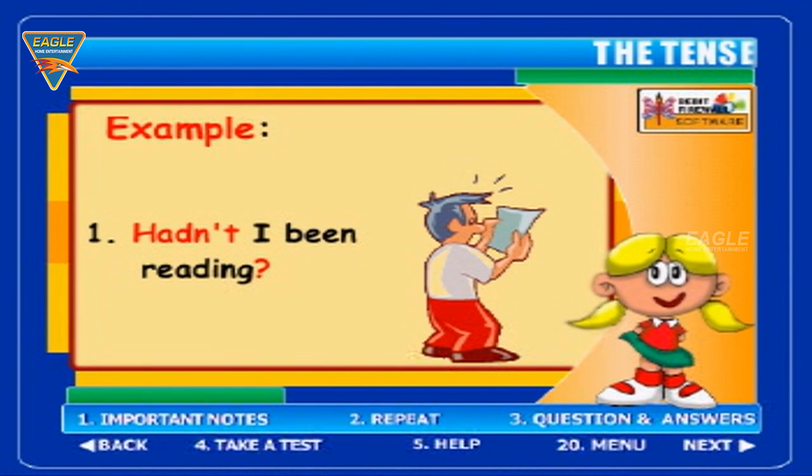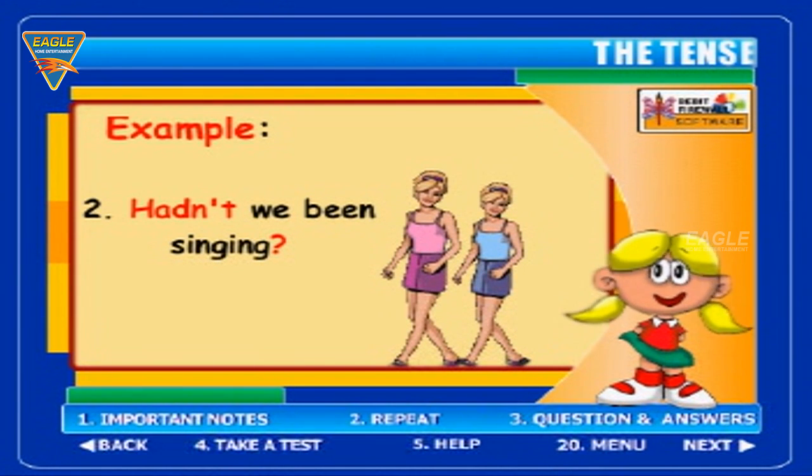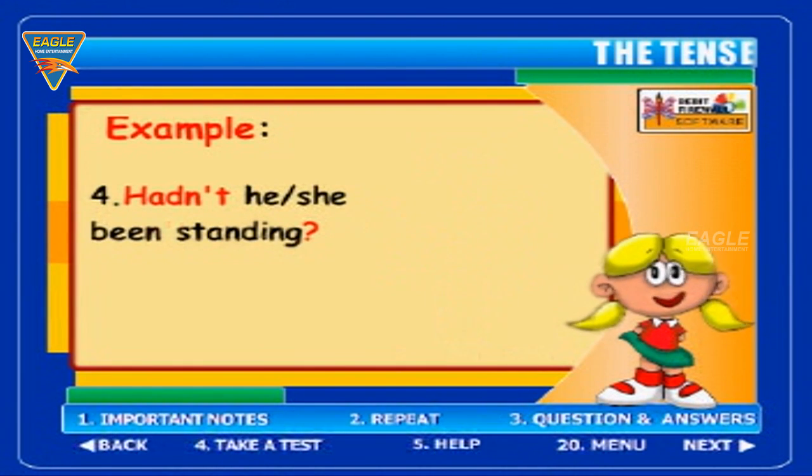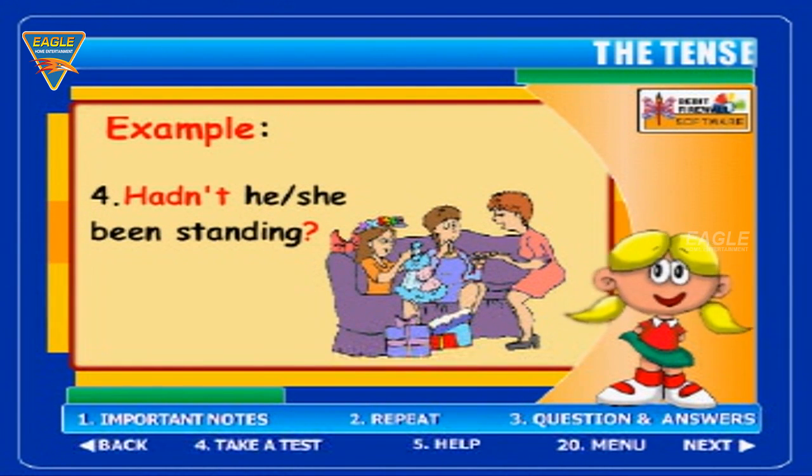Examples: hadn't I been reading? Hadn't we been singing? Hadn't you been playing? Hadn't he or she been standing?